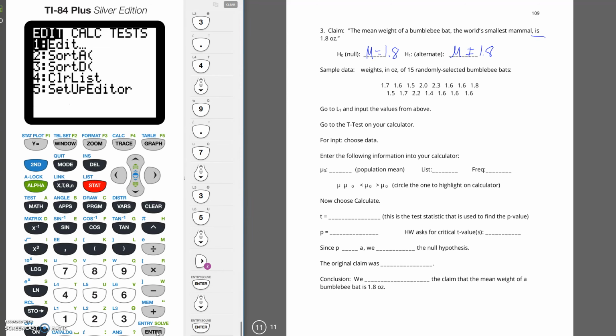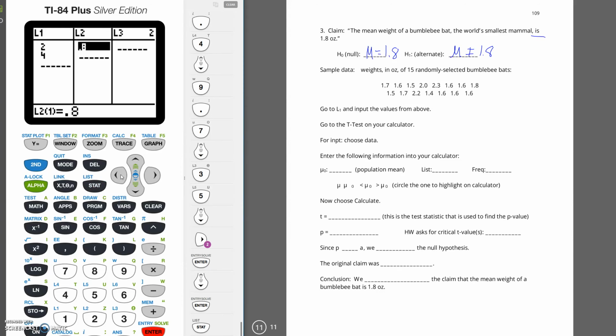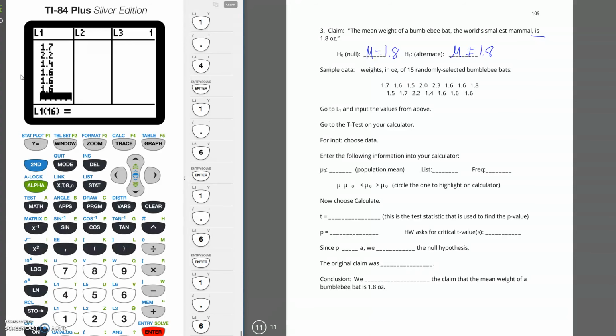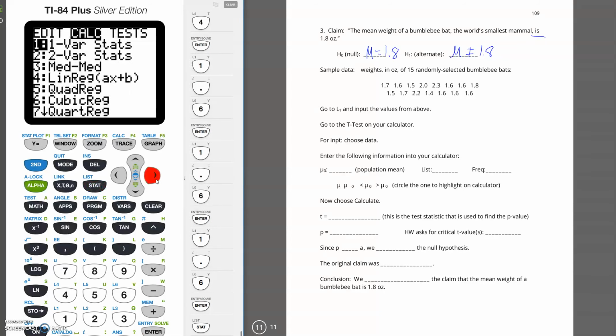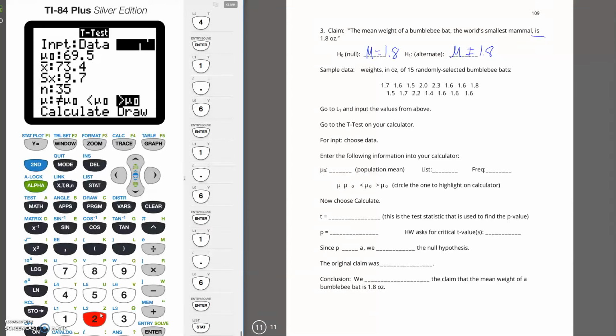Now, since we're given the actual data of 15 bumblebee bats, we're going to put that in just like you used to for the mean and everything. We're going to go to stat edit, and put in L1. I'm going to pause the video while I put those in so that you don't have to. Okay, you can see I put all of those numbers into L1. We're still going to go to t-test, choose tests, number 2.